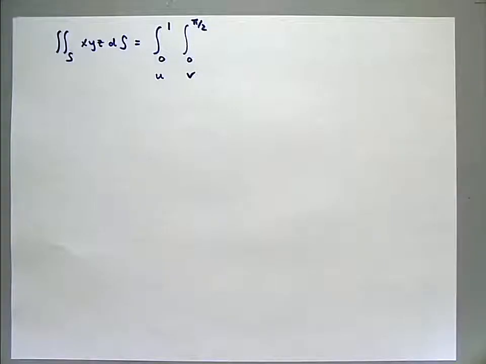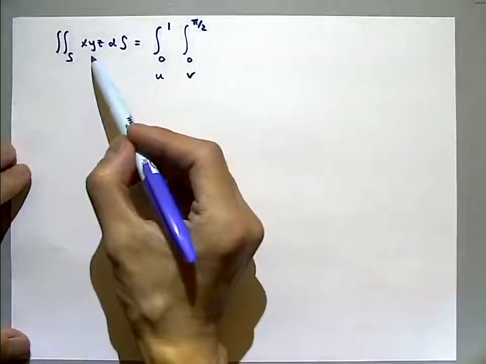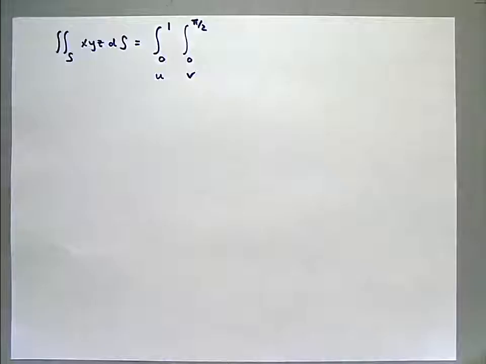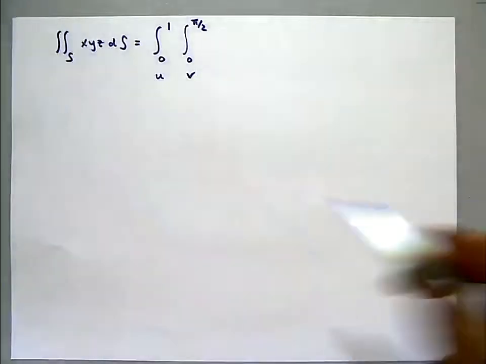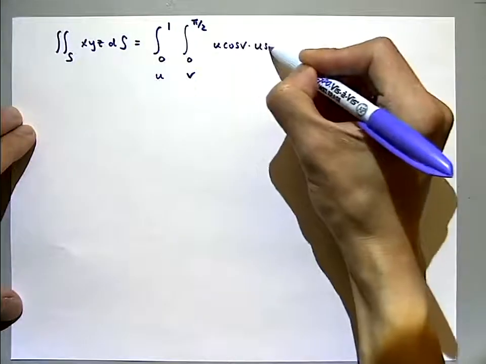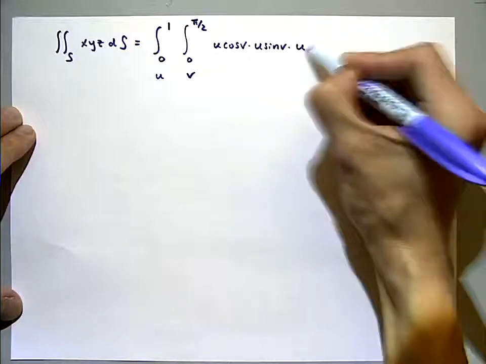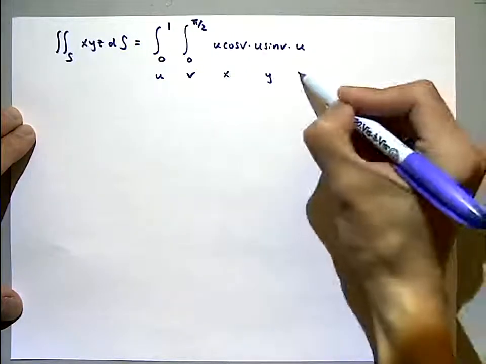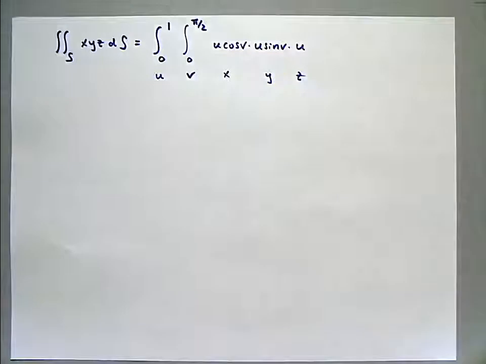That's why du dv or dv du are both okay. Now for x, y, and z, we're going to go back to our surface. On the surface, x is equal to u cosine v, y is equal to u sine v, and z is equal to u. So those three things will replace the x, y, z in here. Right? So that's my x, y, z.